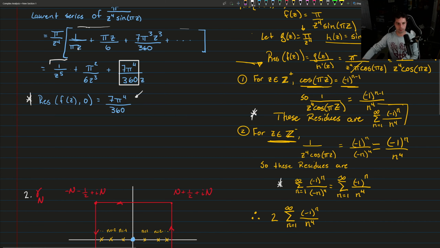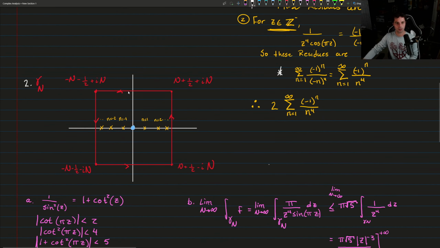The second thing the book has me do is to consider this gamma. This gamma is going to be the rectangle from n plus 1/2 minus in up to n plus 1/2 plus in, over to negative n minus 1/2 plus in, and then down to negative n minus 1/2 minus in, and then back.